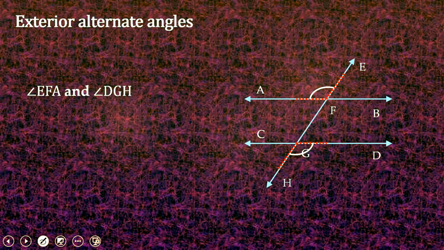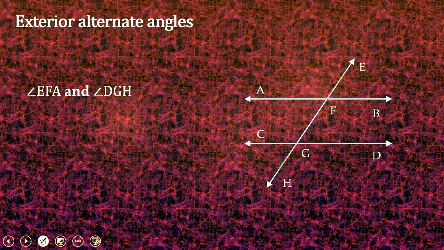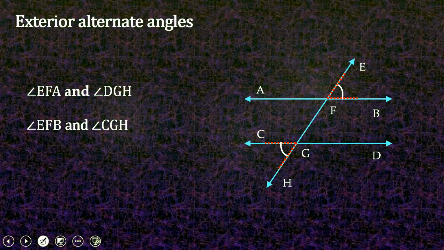Next we will see exterior alternate angles. Angle EFA and angle DGH are a pair of exterior alternate angles. Angle EFB and angle CGH are a pair of exterior alternate angles. So these were two pairs of exterior alternate angles.